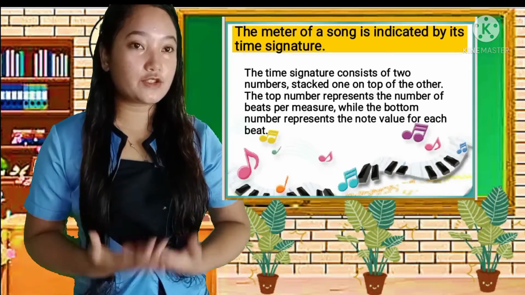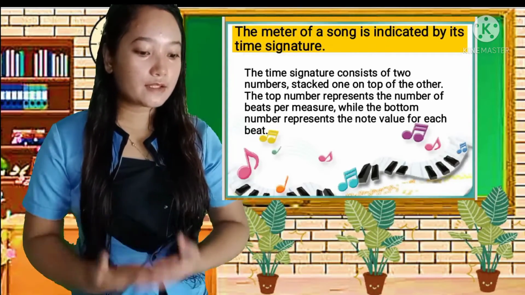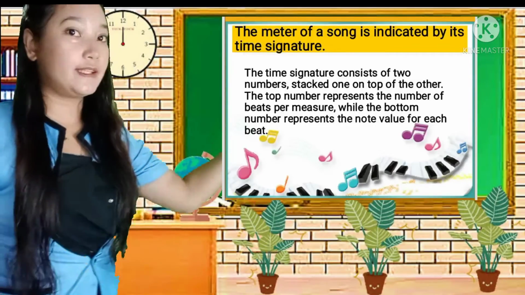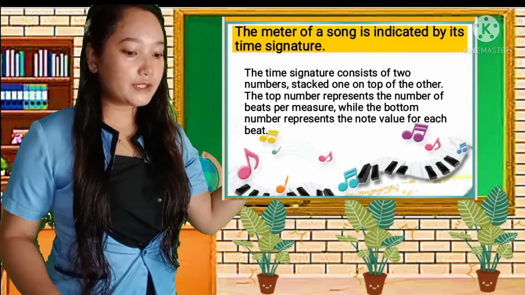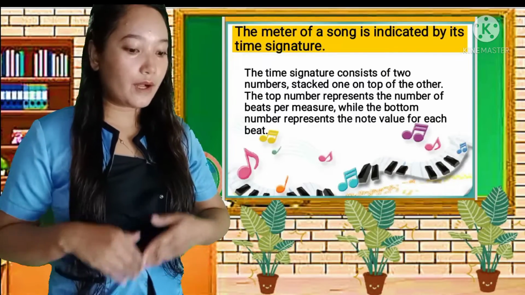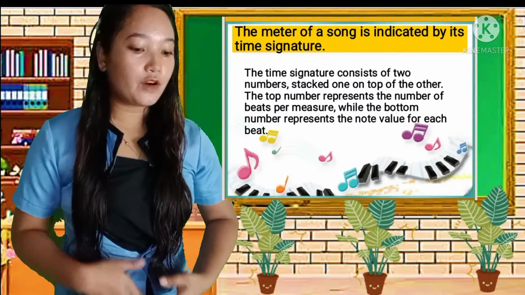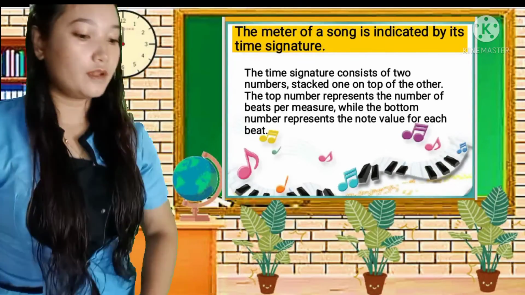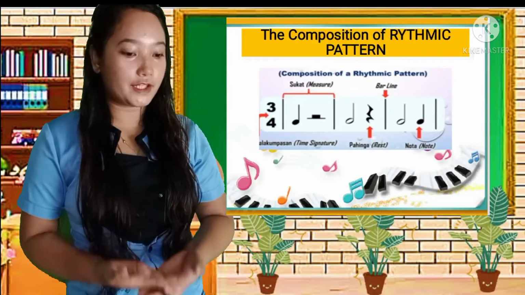The time signature consists of 2 numbers stacked one on top of the other. It looks like this. The top number represents the number of beats, while the bottom number represents the note value of each beat.